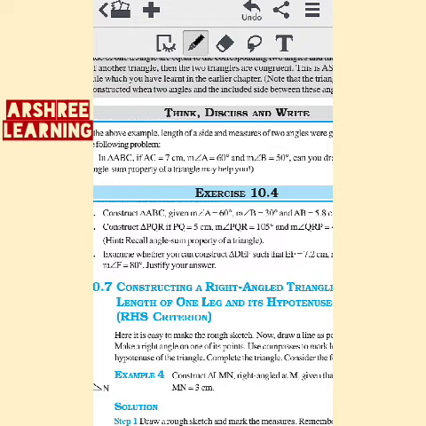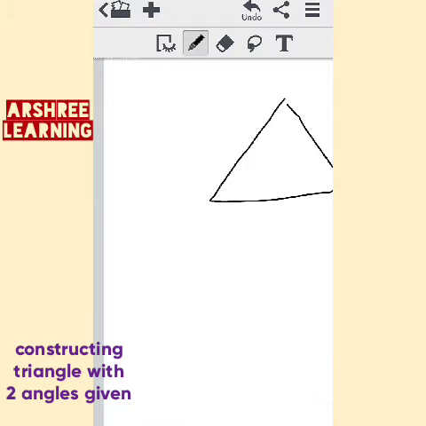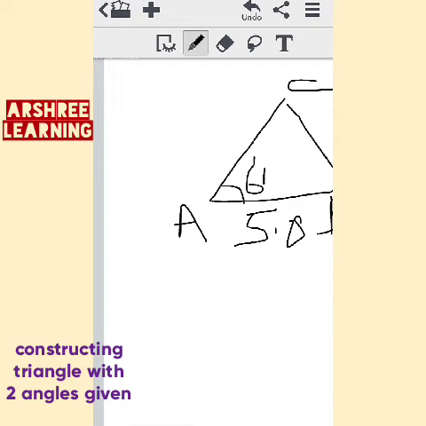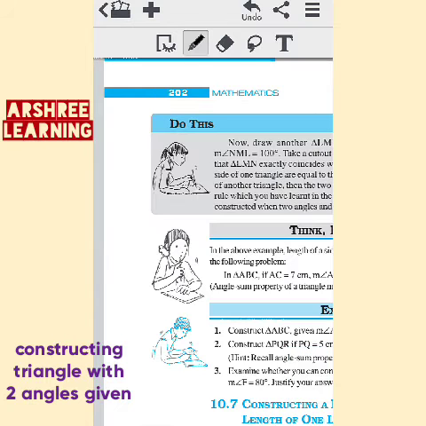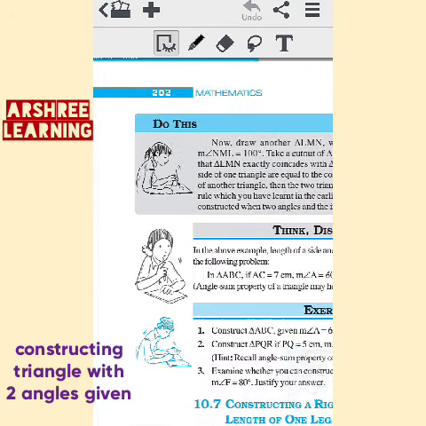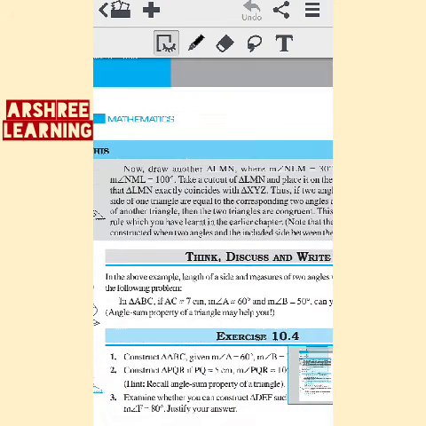Now angle A is 60, AB is equal to 5.8. So in triangle ABC, AB is given 5.8, angle A is 60 and angle B which is given is 50 degree.